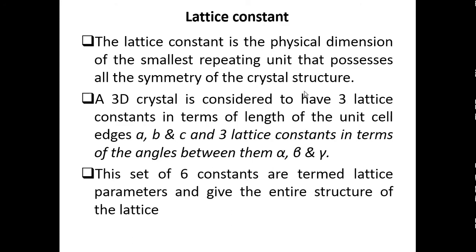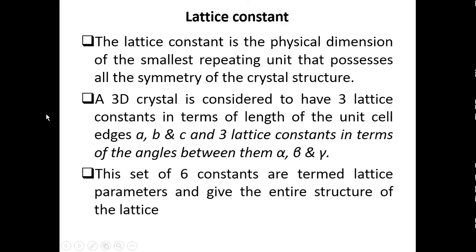Apart from that, there will be angular displacement between these three dimensions. So, these six quantities can be considered as the lattice constants for explaining the crystal structure of such materials. A 3D crystal is considered to have three lattice constants in terms of the length of the unit cell edges a, b and c, and three lattice constants in terms of the angles between them, alpha, beta and gamma.